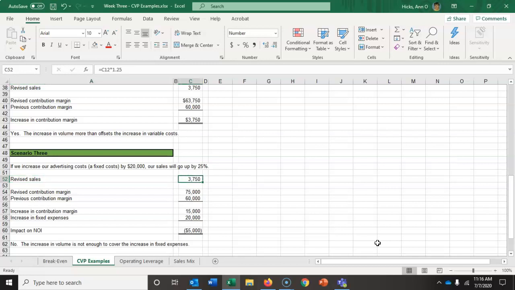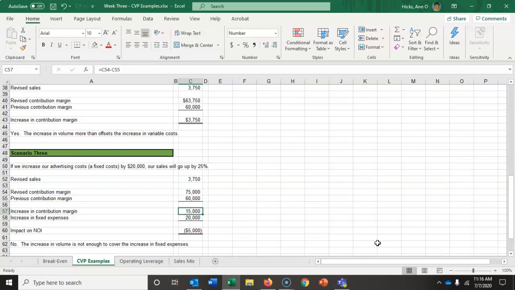Our sales, however, will go up by 25% to 3,750 units. So our revised contribution margin will be the increase in sales times the current contribution margin per unit of $20. We compare that to the current one, which is the $60,000, and we're going to have an increase in contribution margin of $15,000.